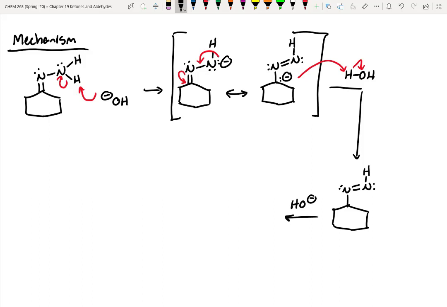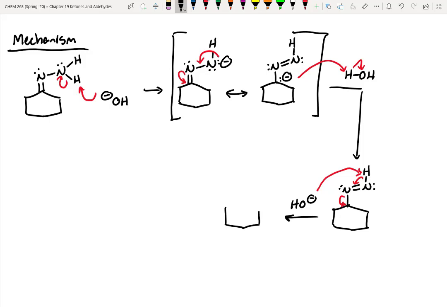So if we have hydroxide floating around, you can imagine that we'll just do this one more time. So what happens is this will grab that proton, it will clamp down, we'll form a nitrogen-nitrogen triple bond. That's really what's going to form our nitrogen gas, and then we'll kick electrons onto this carbon underneath.